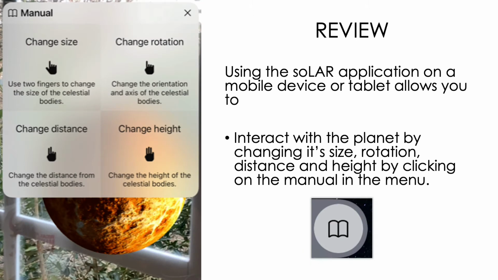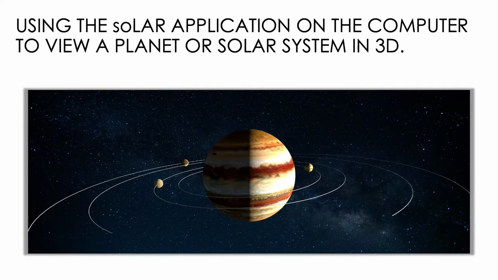And this AR application allows you to interact with the planet by changing its size, rotation, distance, and height by clicking on the manual in the menu. Now let's look at using the solar application on the computer to view a planet or solar system in 3D.